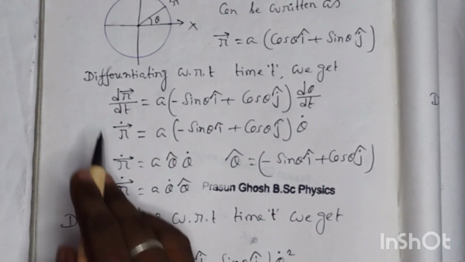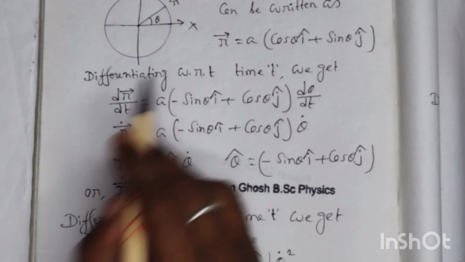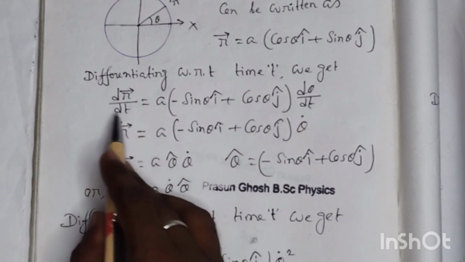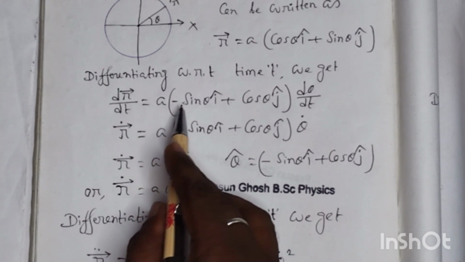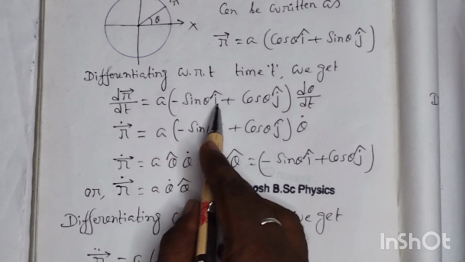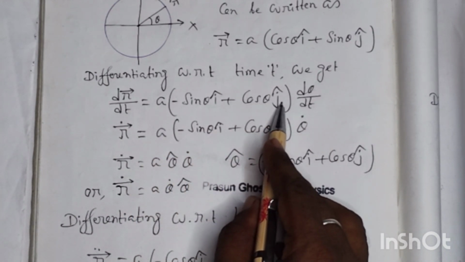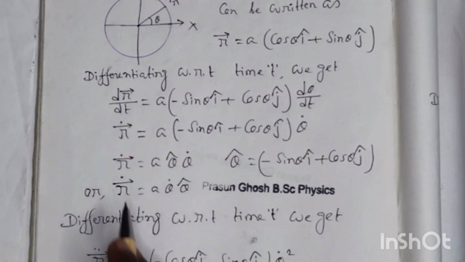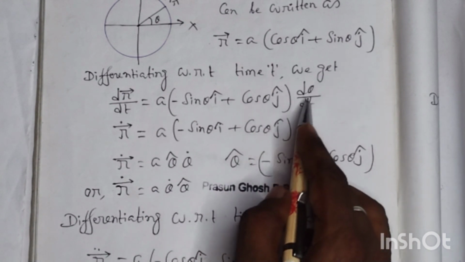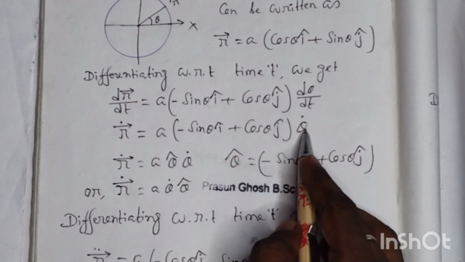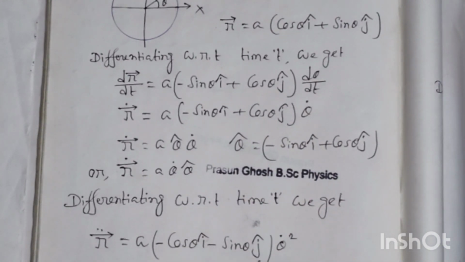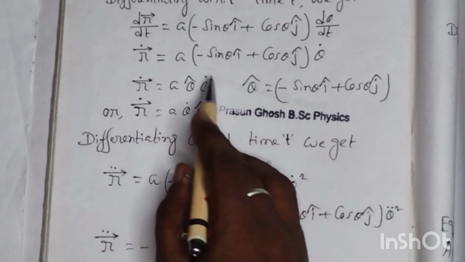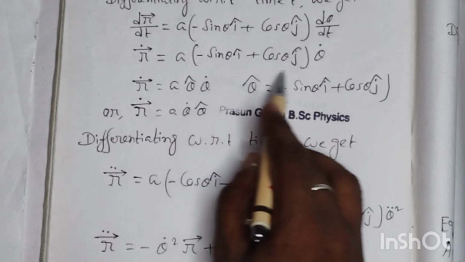So we have to differentiate with respect to t. We get dr/dt equal to a(-sin theta i cap plus cos theta j cap) times d theta/dt. So we can write r dot equal to a theta dot, and this is the value of theta cap.